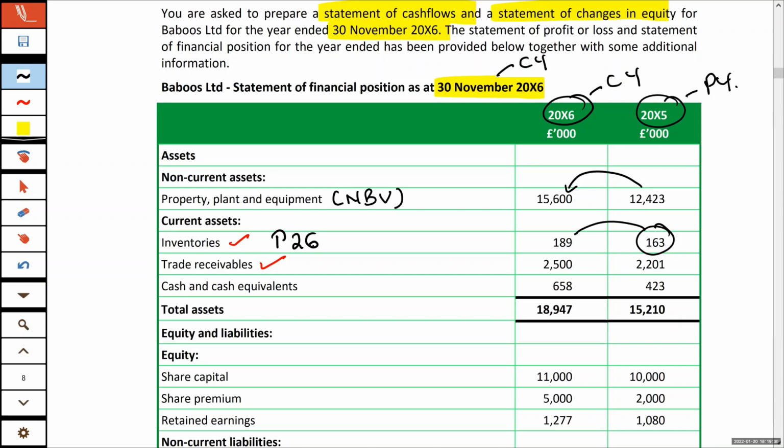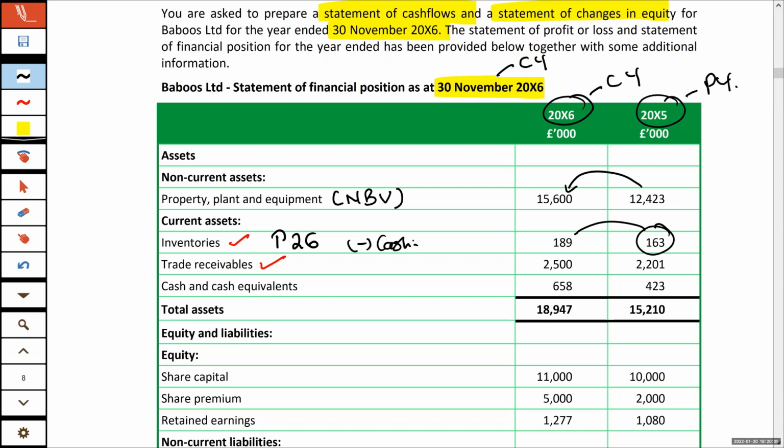What is this doing to my cash, you think? If you have an increase in your inventory, is it a good thing or a bad thing? It's bad, isn't it? Yes, it's bad. If you have too much inventory, it's a bad thing. So that is basically saying, if it's bad, it's negative cash.